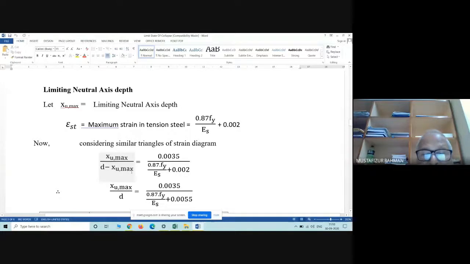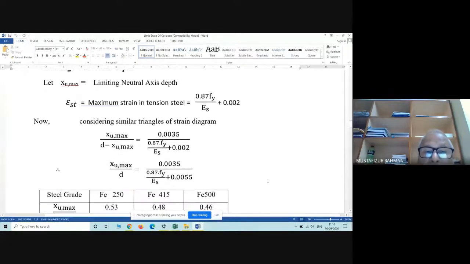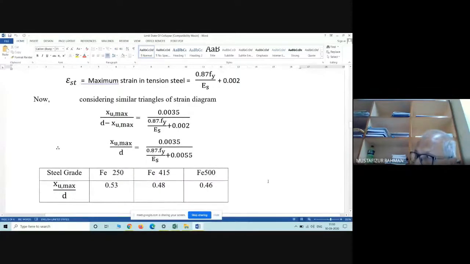If you deduct the numerator from the denominator, so this will go, so only 0.0035 plus, where it is 0.0035, so 0.0055, right?